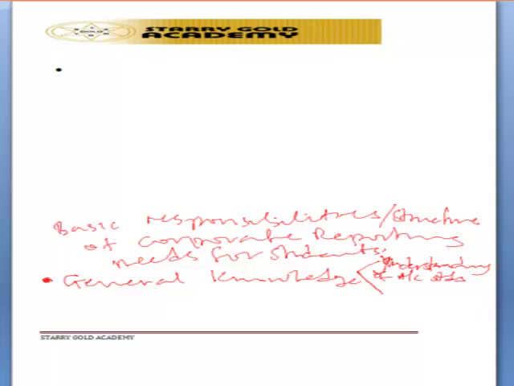Then part of your general knowledge is your synthesis. The synthesis is talking about the ability to evaluate something, and it needs what we call your professional judgment. In corporate reporting, you will be exposed to a lot of case studies.